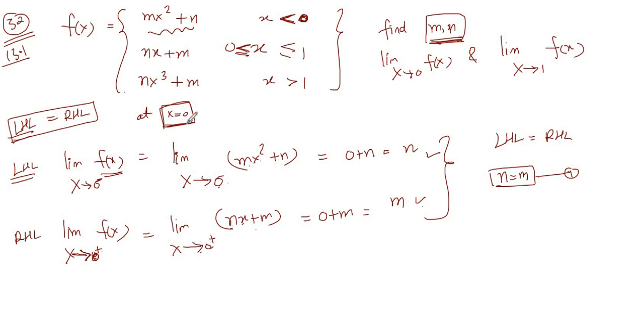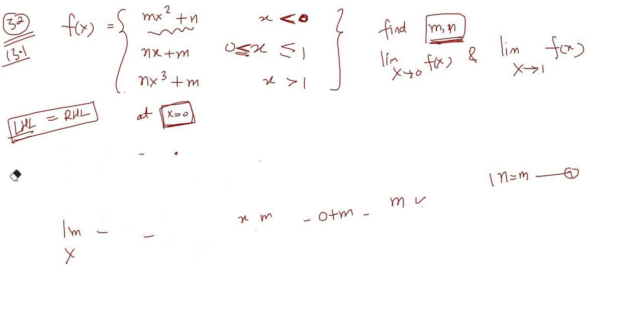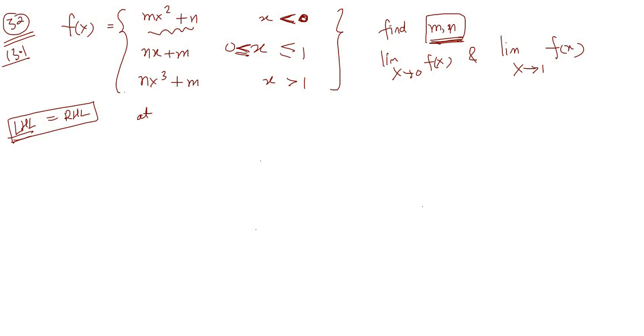Now what is the equation for the limit to exist at 1? Let's try that, at x is equal to 1. The first equation we got is m is equal to n. I am keeping it here.